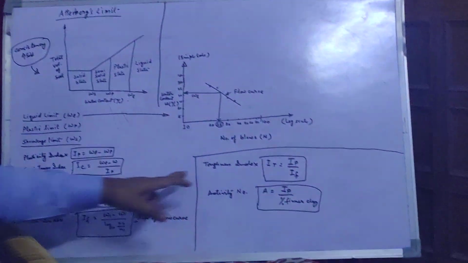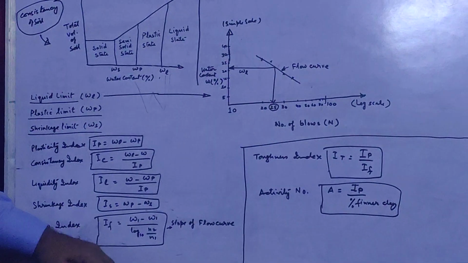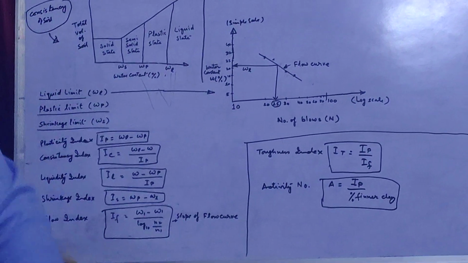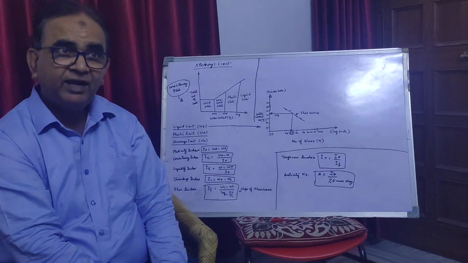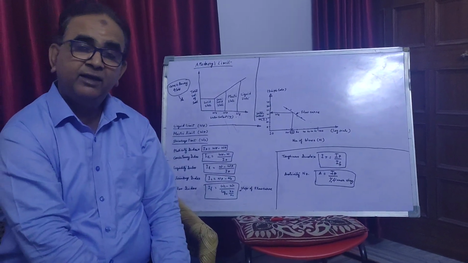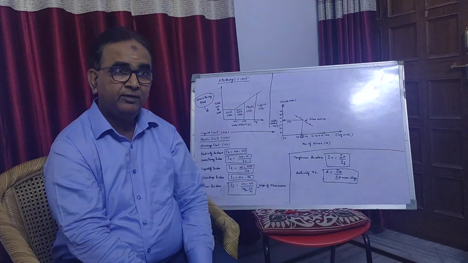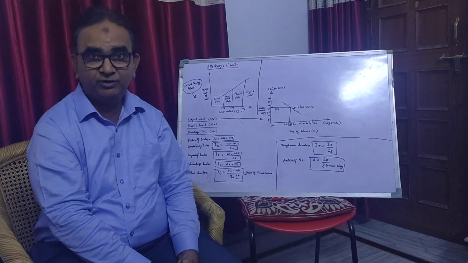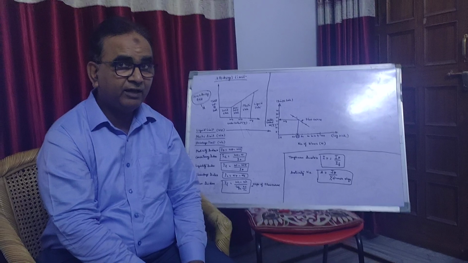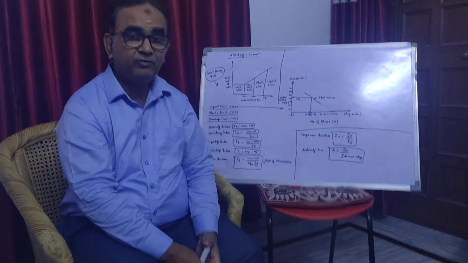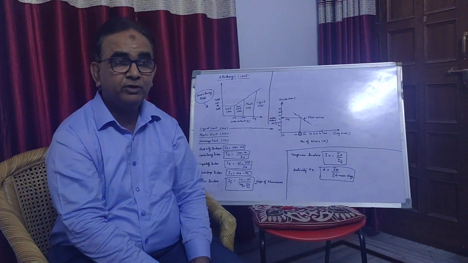So these are the indexes and limits by which we can classify the soil, or we can easily find out the various properties of the soil. You have the plasticity chart, which I have already given in the notes.